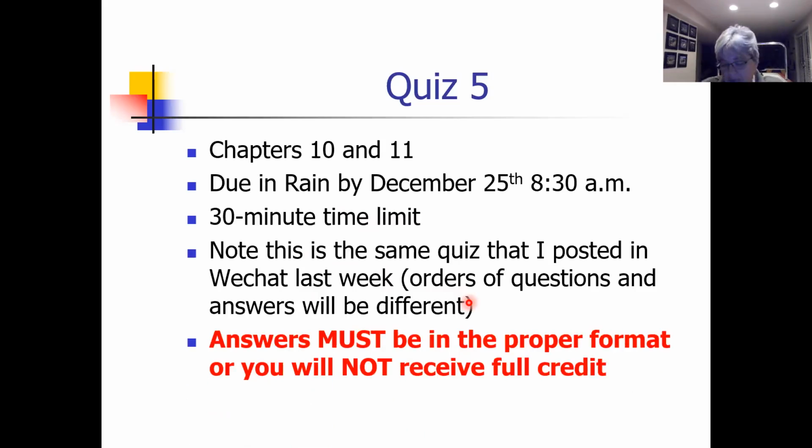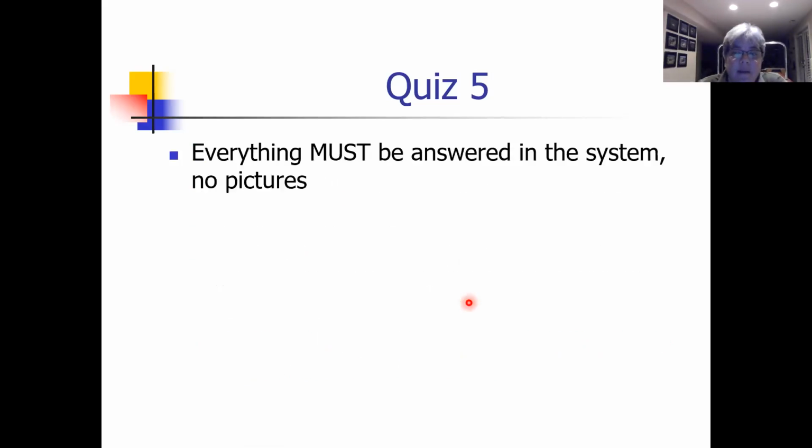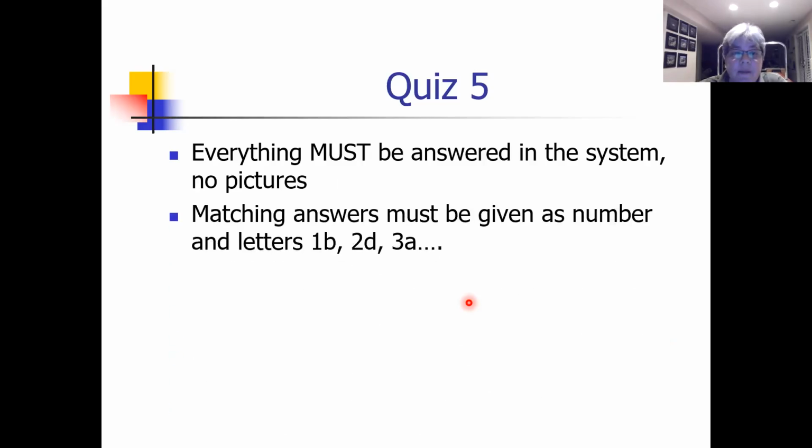Now, one thing, the answers have to be in the proper format or you will not receive full credit. Okay, so what do I mean by that? For this quiz, there are no calculations. So everything needs to be answered in the system. No pictures. If you give me a picture, you will lose credit. The matching must be given in this format. Okay?